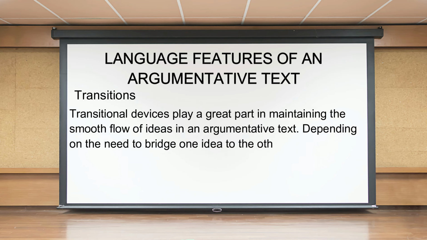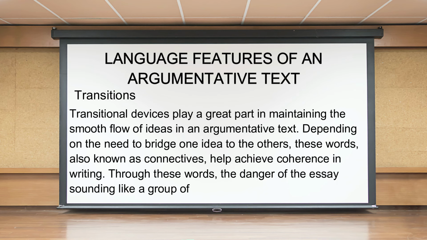Transitions. The use of appropriate transitional devices plays a great part in maintaining the smooth flow of ideas in an argumentative text. Depending on the need to bridge one idea to the others, these words, also known as connectives, help achieve coherence in writing. Through these words, the danger of the essay sounding like a group of disjointed opinions can be avoided.